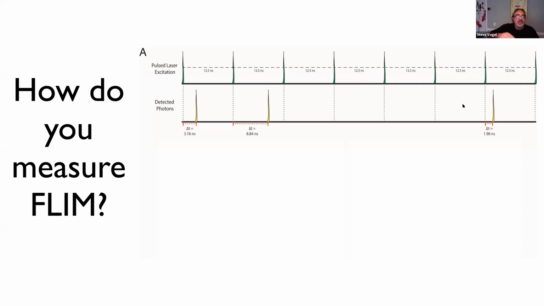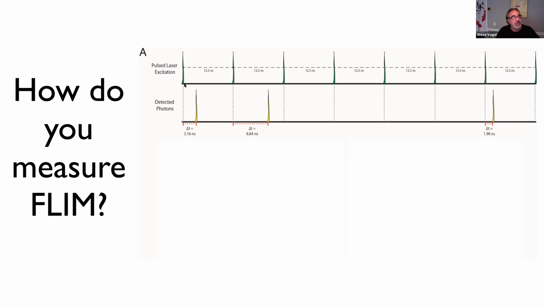Okay, so once you detect these photons, you can see in these dashed red lines that you can measure a delta time. That delta time is the time from the laser pulse to when the photon is detected. Actually, even that's not true. In reality, the delta time is measured from when the photon is detected until the next laser pulse.